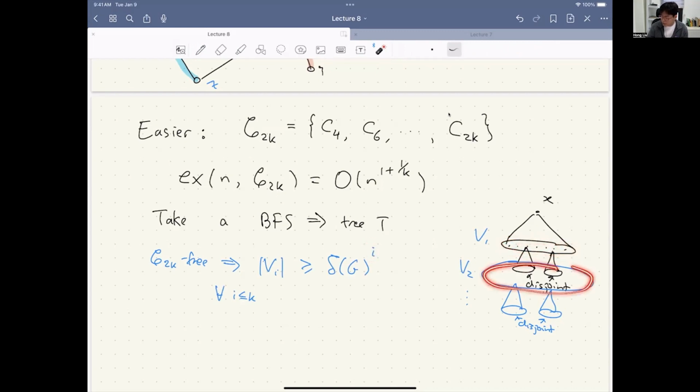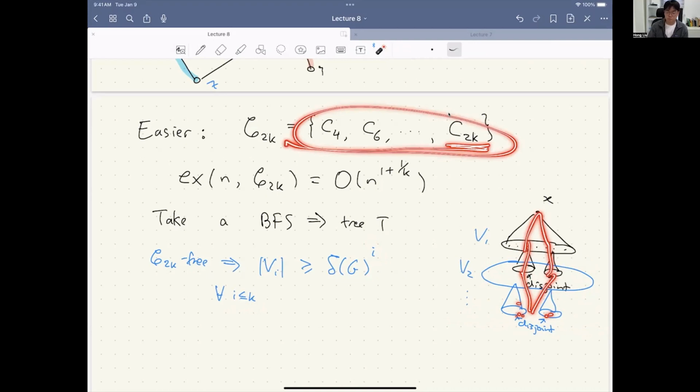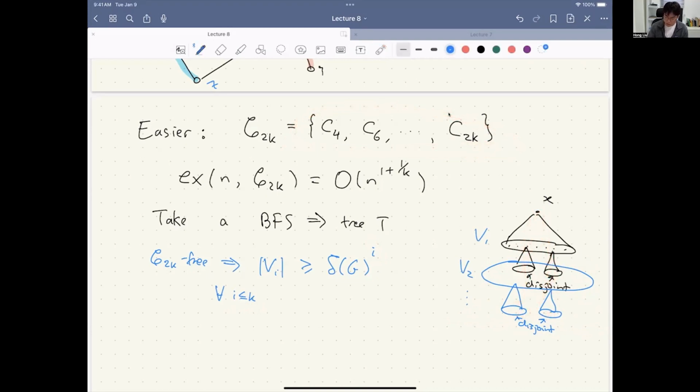The second layer, all these vertices expand by another factor of delta(G), so squared. Third layer, so on and so forth. Up to the kth layer, you can always maintain this disjointness. Otherwise, you chase back and you get a cycle, one of the short cycles in here. So at the end, Vk is at least delta(G) to the k, which is at most the total number of vertices in your graph.